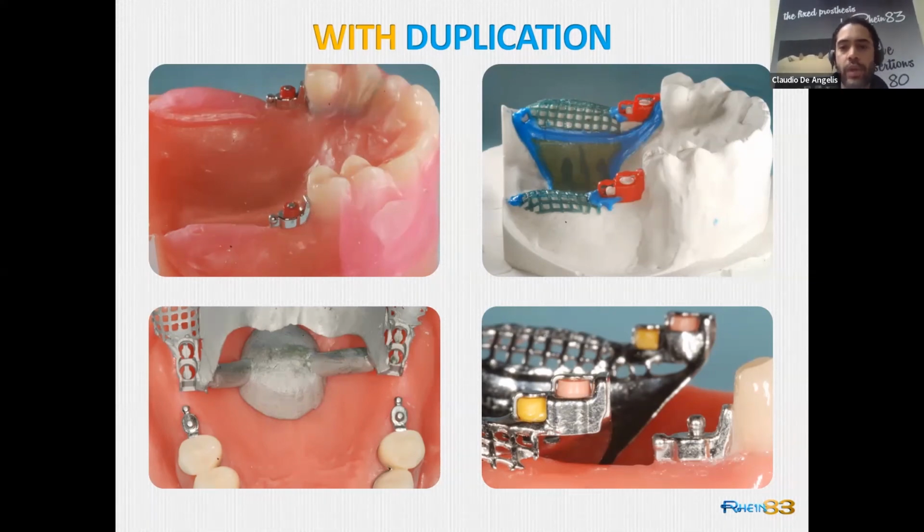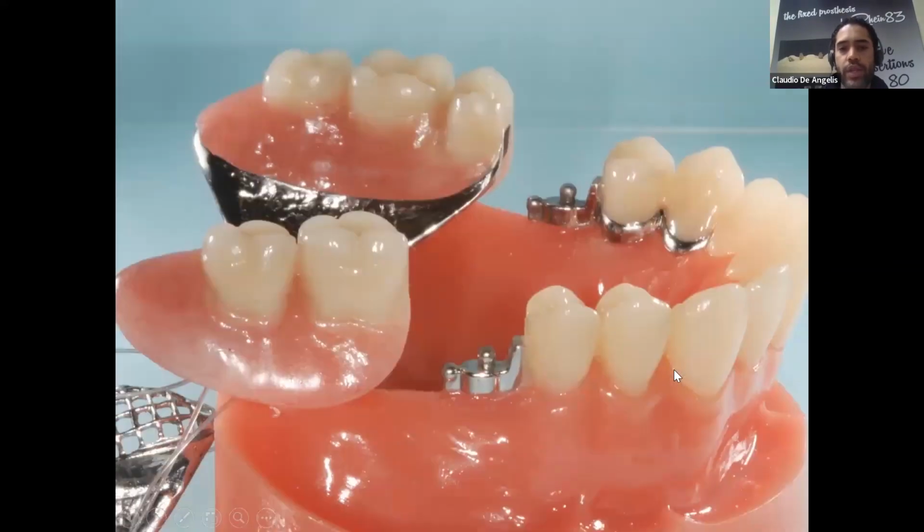You design the metal frame, you cast it, and after that, you continue with your work. You finish the frame, you polish it, you insert the cap, and you complete your work.